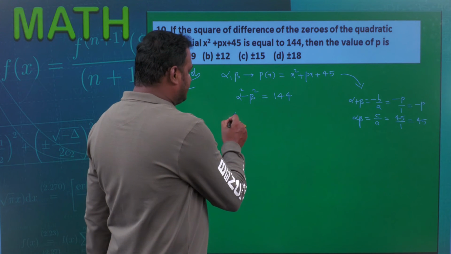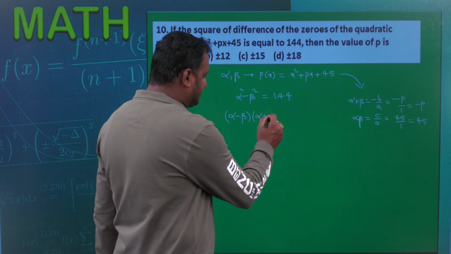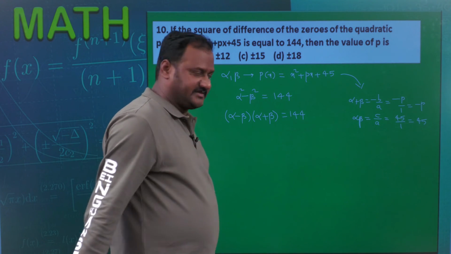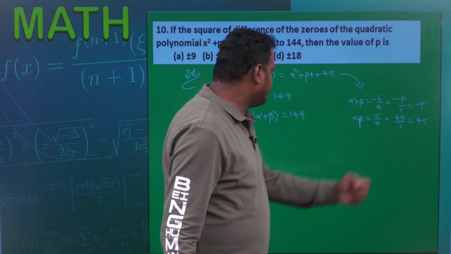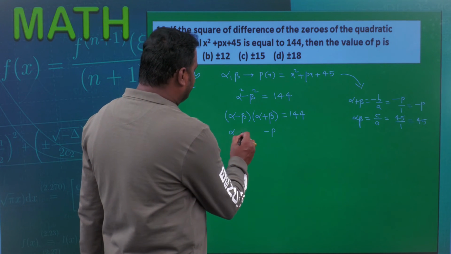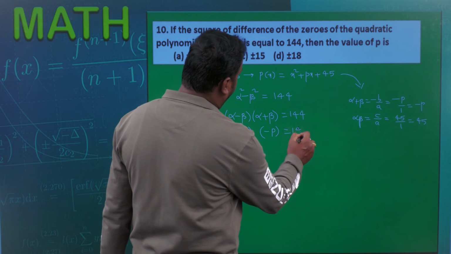If I write this as alpha minus beta times alpha plus beta, I think it would be better because it is in the form of a square minus b square. But I know the value of alpha plus beta. Alpha plus beta is equal to minus p. So this is minus p, and alpha minus beta is there. So alpha minus beta into minus p is equal to 144.